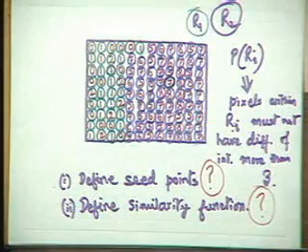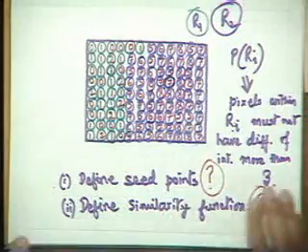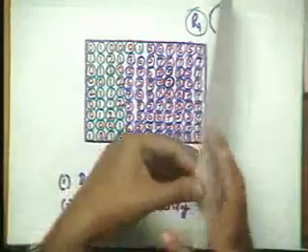May not be. Let's say, for example, we very often have images which have very definite textures. Textures means there are certain repetitive patterns. Let us say that we have some pattern of this nature.